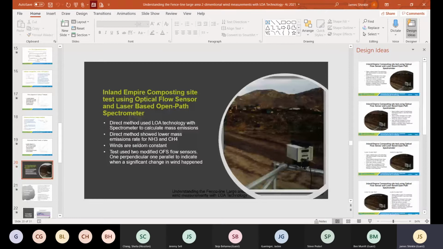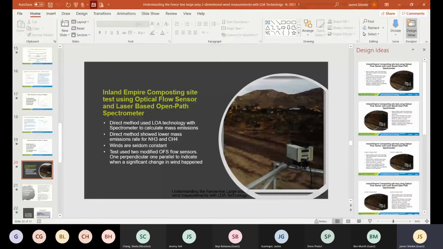Here's another study that we did at the Inland Empire, at a composting site. The LOA was a little bit too long, so we modified an OFS, and we used it along with a TDL from Boreal Laser. That was our direct measurement.